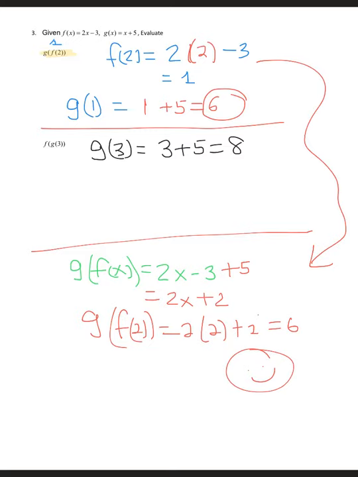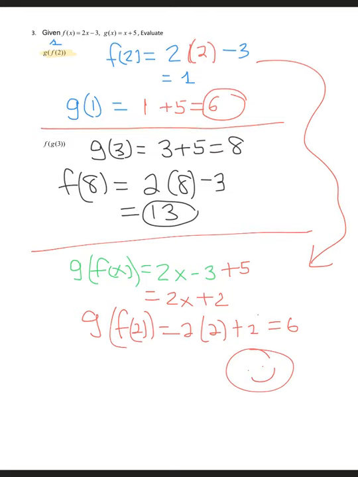Then I just need to do f of 8, which is, I take the f function, I plug in 8, 2 times 8 minus 3, so I get 16 minus 3, so the answer is 13.